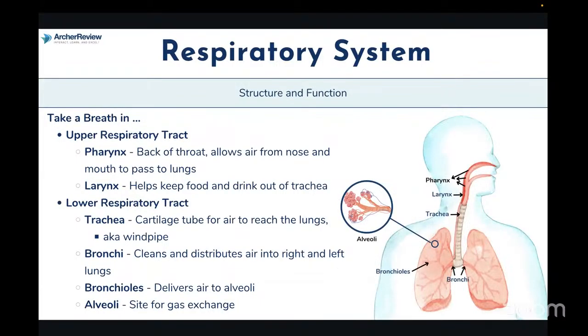So let's cover it. I want you guys to take a big, deep breath in with me now and just feel the air fill the different parts of your body as it works its way down to the lungs itself. So as soon as you take that breath in, that air enters your upper respiratory tract. And this is going to include the two major structures, the pharynx and the larynx.